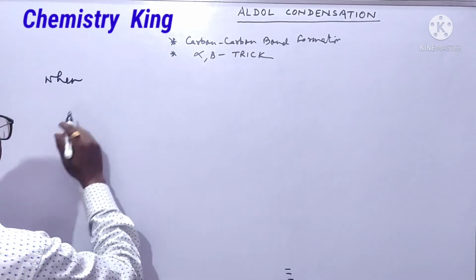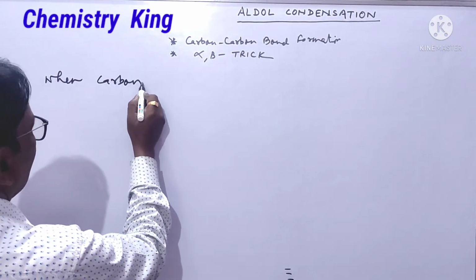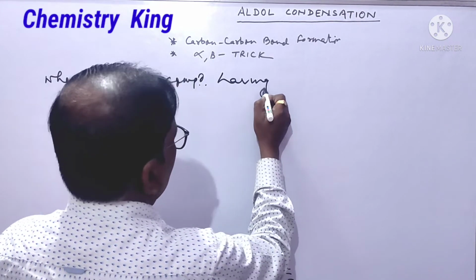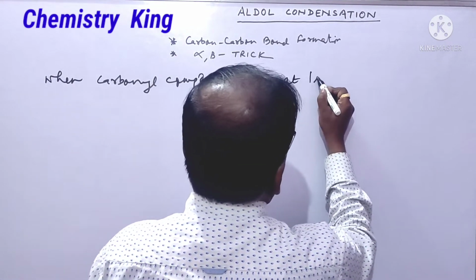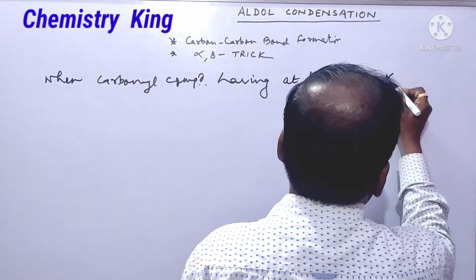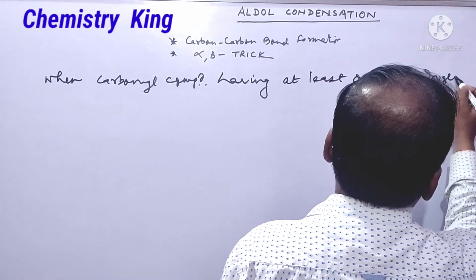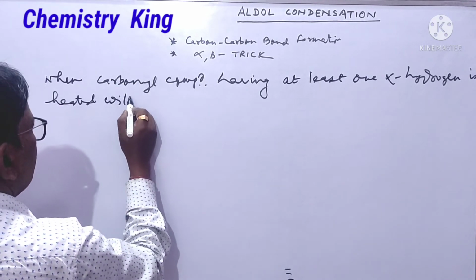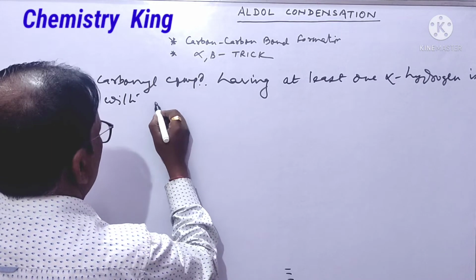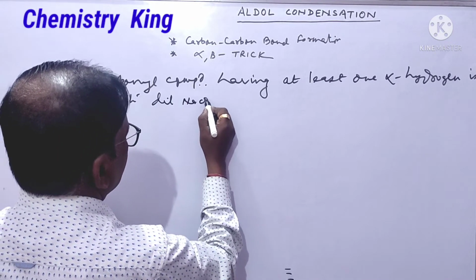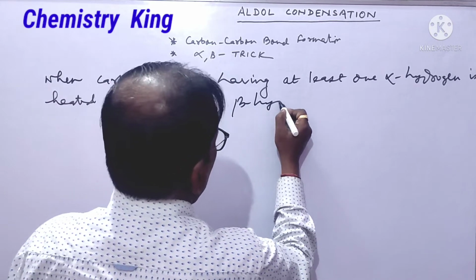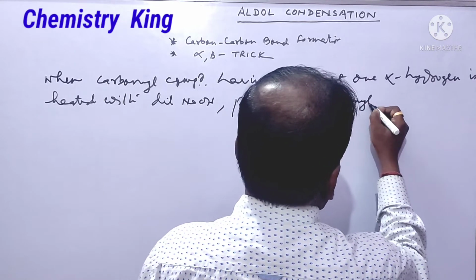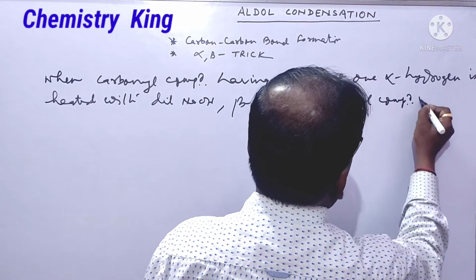When a carbonyl compound having at least one alpha hydrogen is heated with dilute sodium hydroxide, beta hydroxy carbonyl compound is formed.